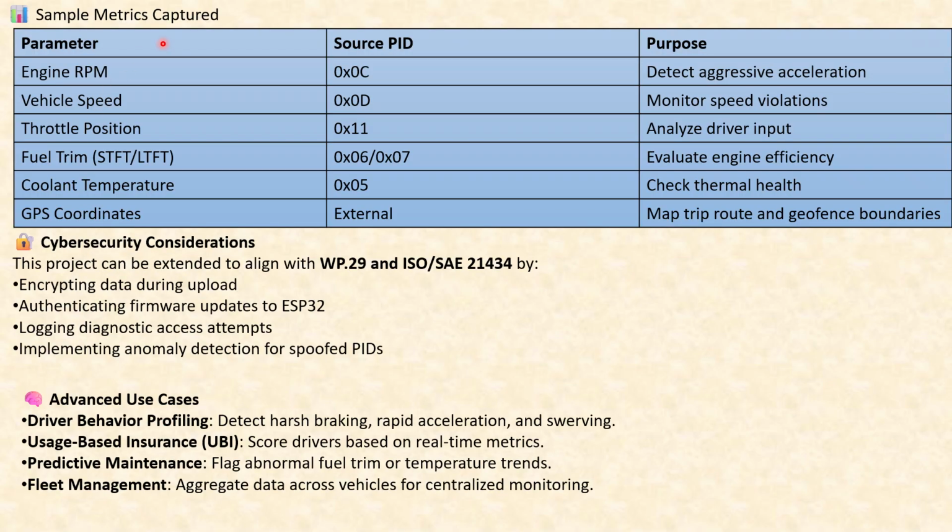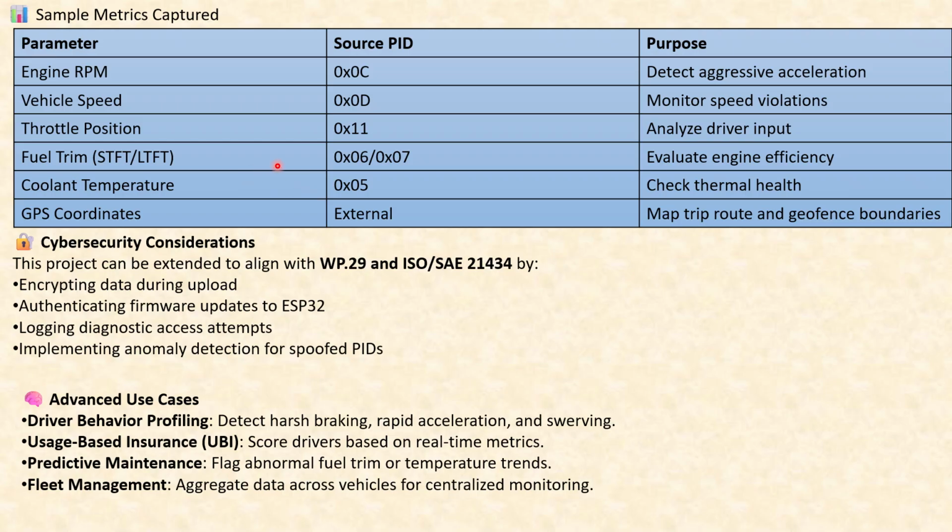Okay, the actual flow path of the data you will very clearly understand. Now talking about the sample metrics, what are the various metrics? In this table we are going to see the parameter, the source parameter identification, and also the purpose. For example, engine RPM: the source PID is 0/0C, to detect aggressive acceleration. Vehicle speed, 0/0D, to monitor speed violations. Throttle position, 0/11, to analyze driver input.